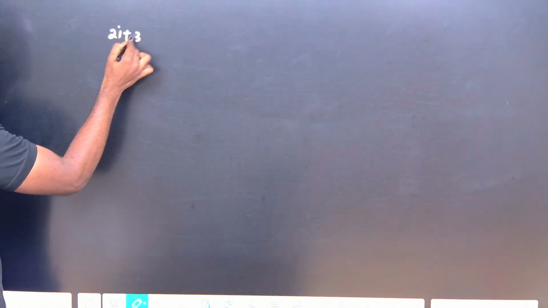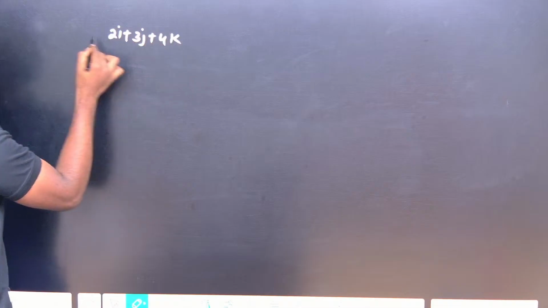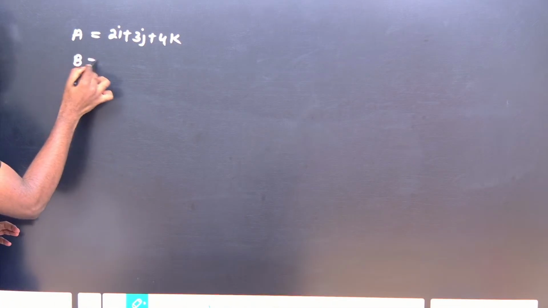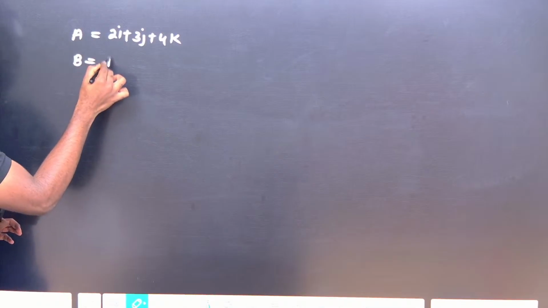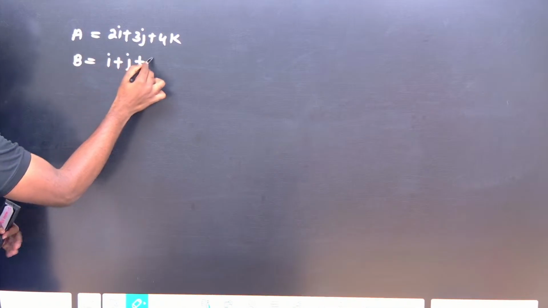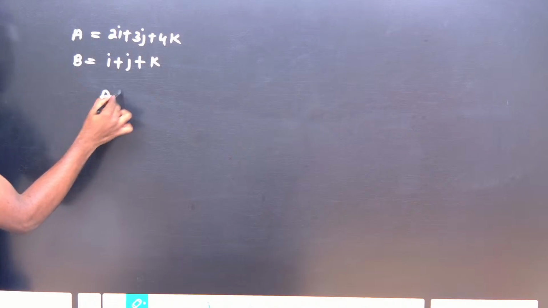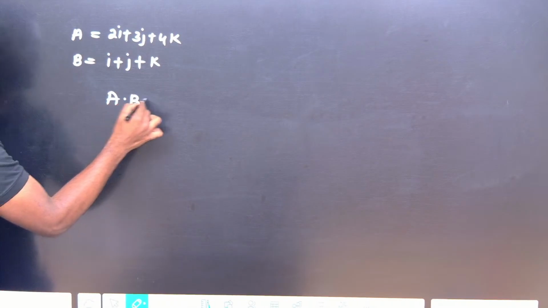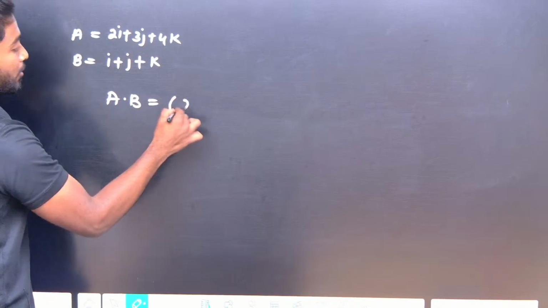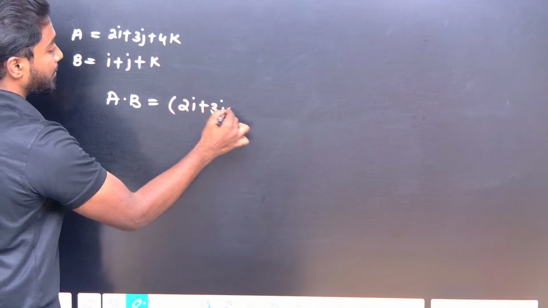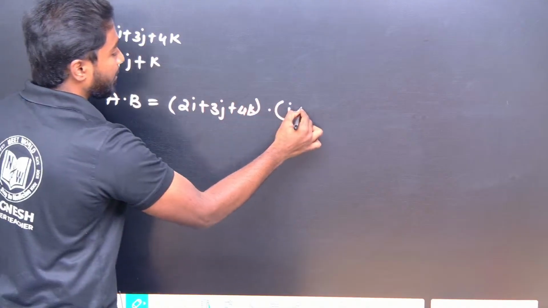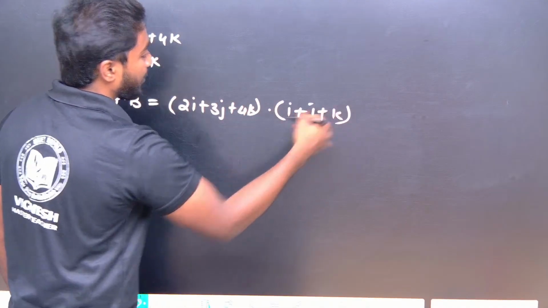2i plus 3j plus 4k is A, okay, this one is A, and if I take B, B will be equal to i plus j plus k. I am doing a dot product of both of them. A dot B is nothing but 2i plus 3j plus 4k dot i plus j plus k, right?